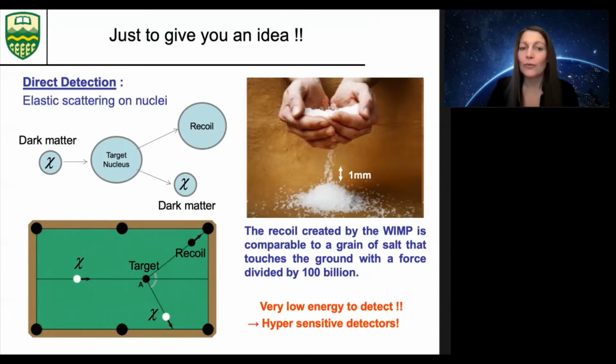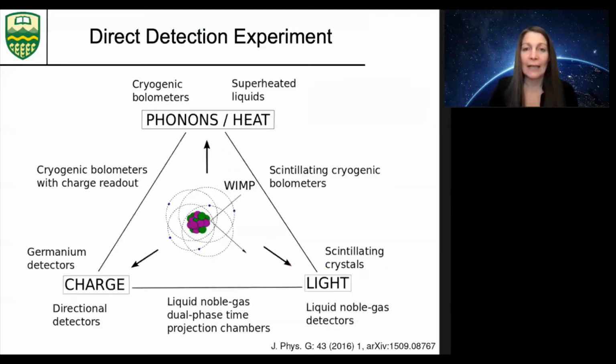So just to give you an idea of which kind of technology we use to detect dark matter, here is a schematic of all possible signals that can be measured in a direct detection experiment, depending on the technology in use. This can be, for example, the production of heat.